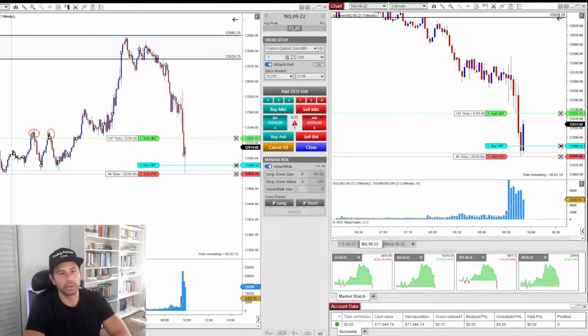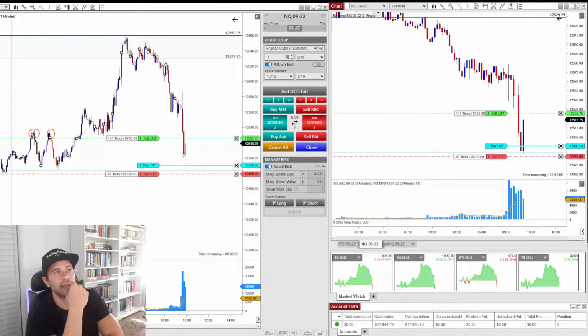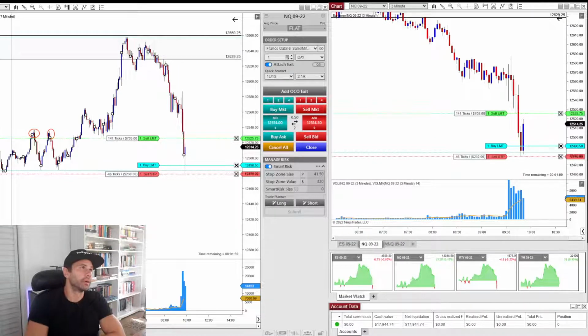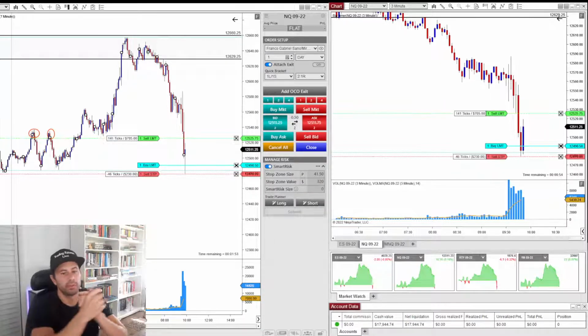So I do have an order at 4950. It's 2 more minutes for the 7-minute to close. Ideally, I like to trade the 7-minute open, but let's see if we can have some upside from here.